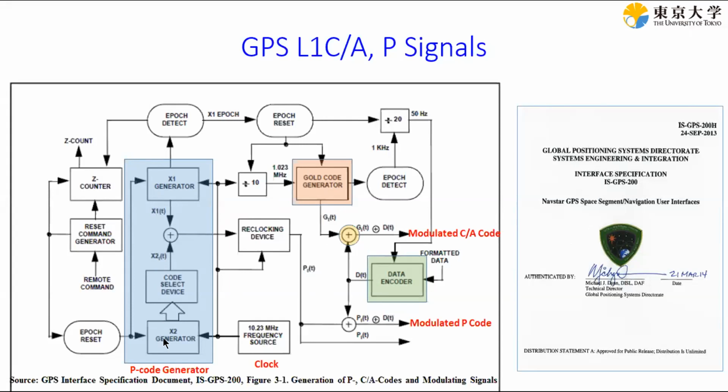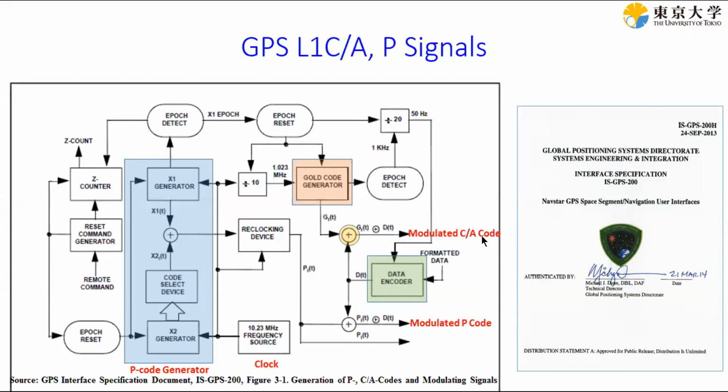This is for P code military, so we forget this part. And this part, Gold code generator, is the PRN code generator. I will explain why this is also called Gold code. So it's a PRN code generator here. So we only need this one, and we need the navigation data. And we combine this block and this block to generate the necessary CA code.